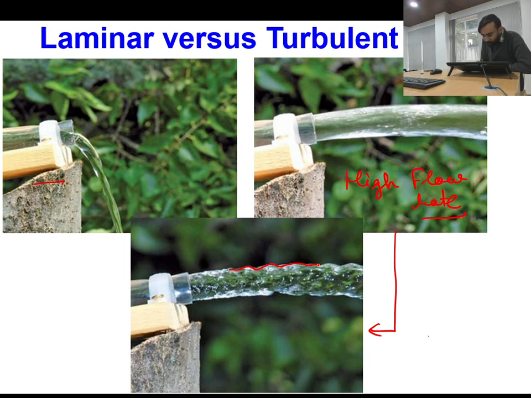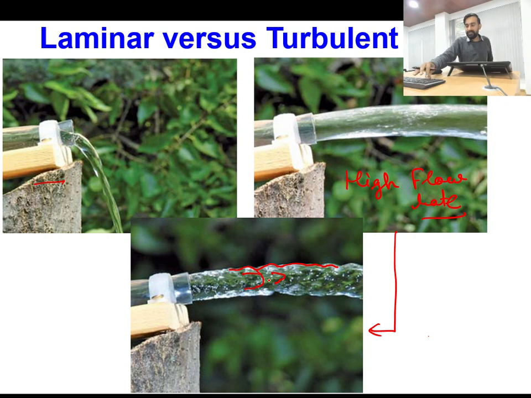You can see how wavy the profile is, and within this you also have some disturbances in these zones. This type of flow situation, where the streamlines and path lines are not regular but irregular and chaotic, is called turbulent flow.